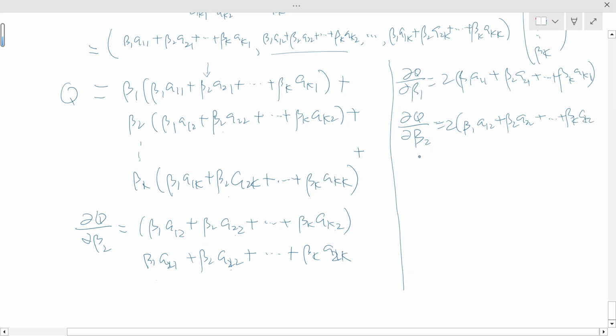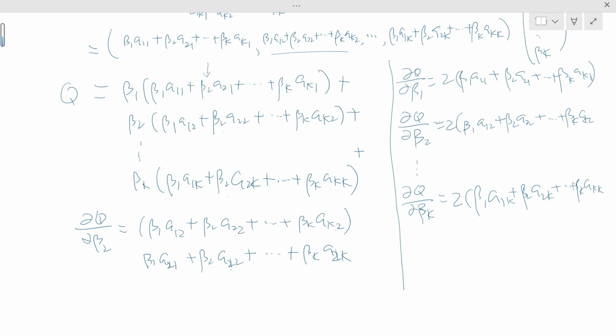Similarly for the other terms until the last term beta k, we get 2 times beta 1 A1k plus beta 2 A2k plus beta k AKK. Okay, so we computed these k components of this vector. Let's stack them together, so that we can denote them in a more compact way.